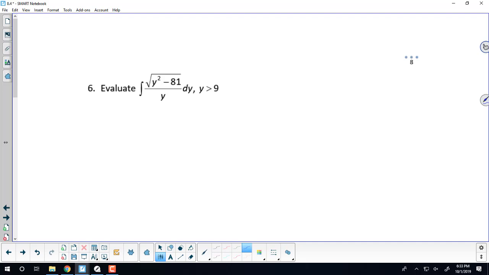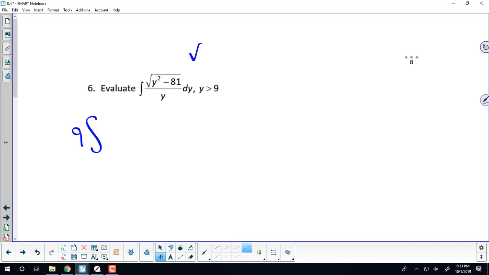So slightly different approach if you're using the textbook's method, but it still all comes out the same. And what we've been doing is we've wanted a square minus 1 or a square plus 1. So we would factor this 81 out of the y squared minus 81 and then take the square root of it. So we'll take that out.